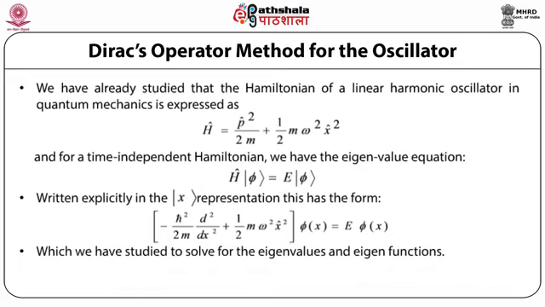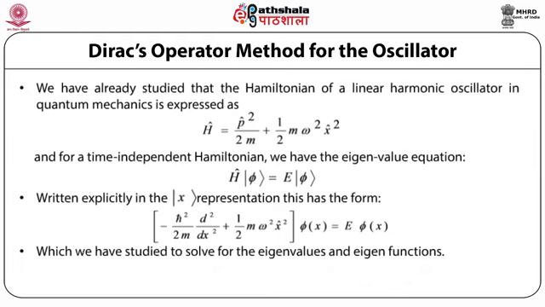Written explicitly in the position representation, this has the form: within brackets minus h cross square by 2m double differential with respect to the position x plus half m omega square operator x square, whole times phi x, is equal to E phi x.